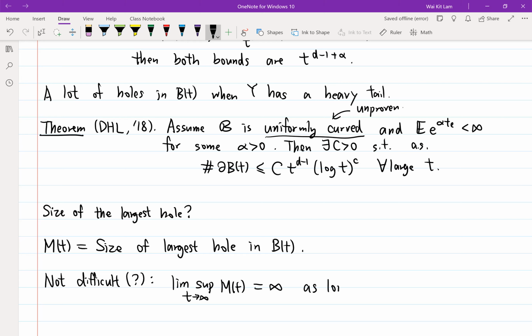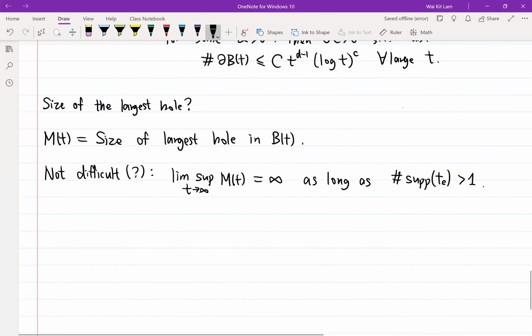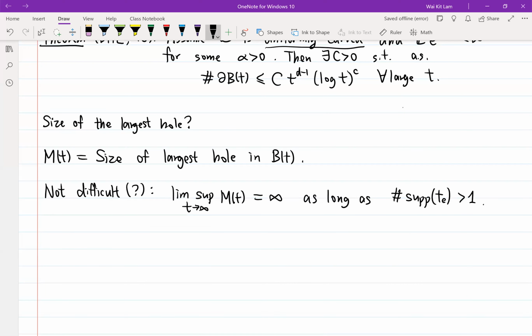So this is true as long as the distribution is not trivial. In other words, the support of the law of the edge weights is greater than 1. So as long as it's not trivial, you can show that the lim sup of this M(t) is infinite.